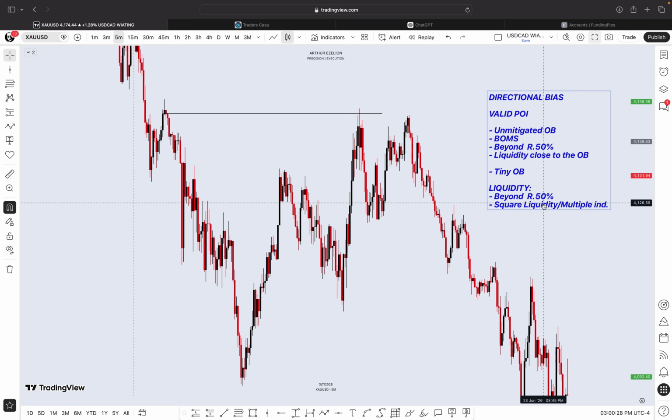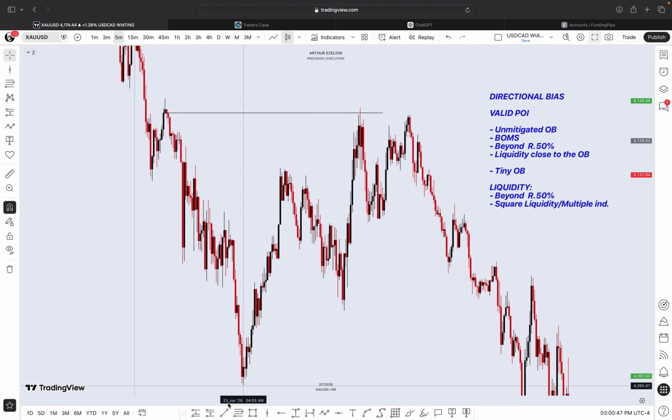but I knew it works on other time frames, especially other major pairs. So the next thing we want to look for is liquidity. You want to see: is it close to the order block, and is that beyond 50%? If it's close to the order block, then it must be beyond 50% as well, because the order block is beyond 50%. The next thing you want to see is square liquidity or multiple inducements. Now look at this liquidity.